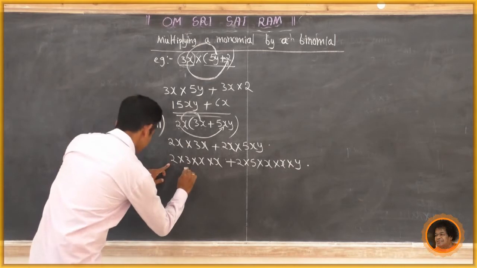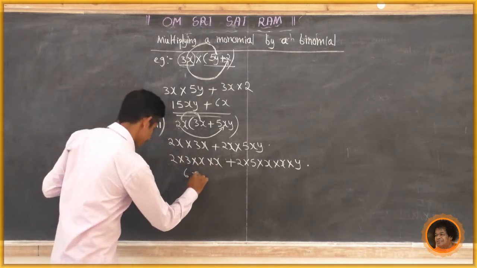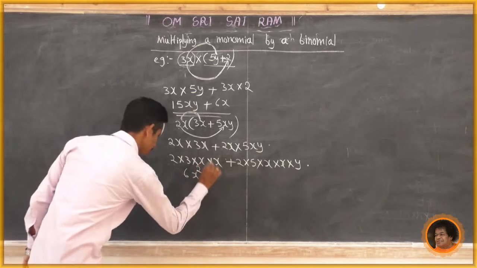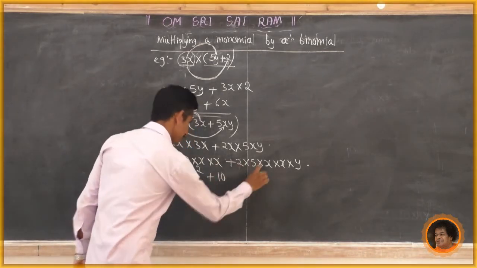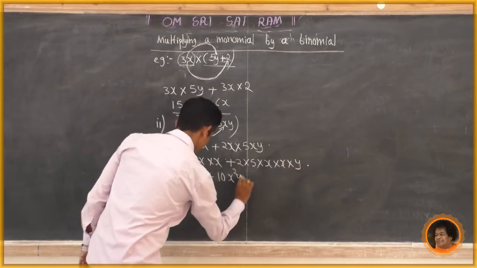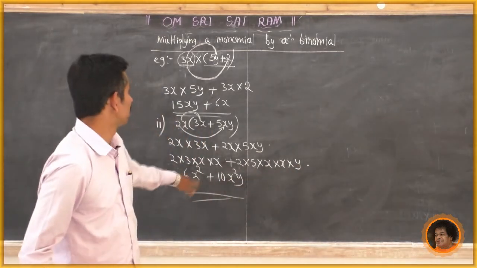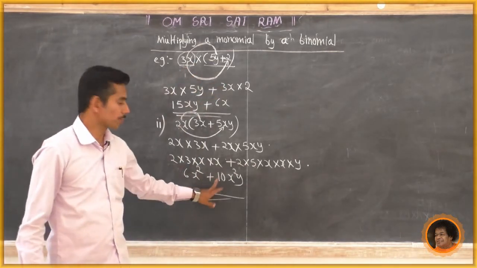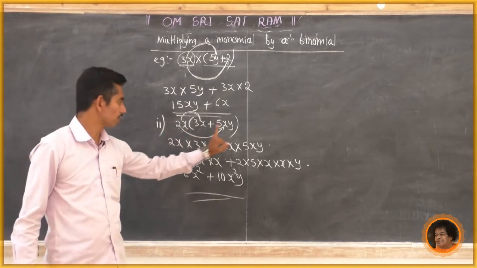Now 2 into 3 is 6. x into x, the base is x. How many x are multiplied? Twice. So x to the power 2, plus 2 into 5 is 10. x into x, so x to the power 2, then y. So 6x squared plus 10x squared y is the answer for 2x into 3x plus 5xy.